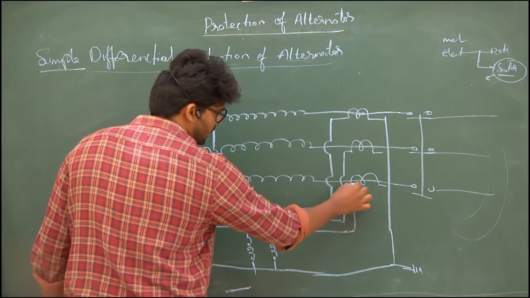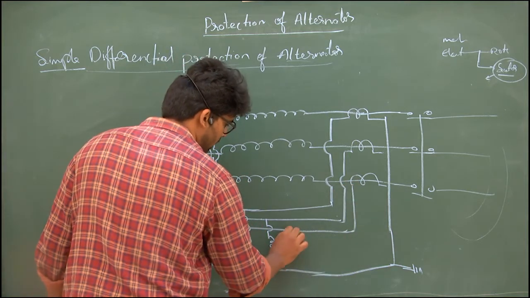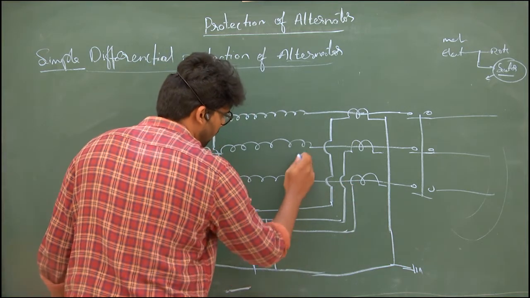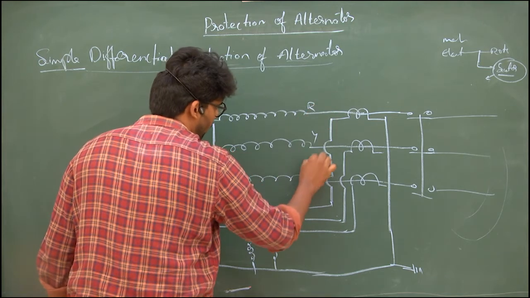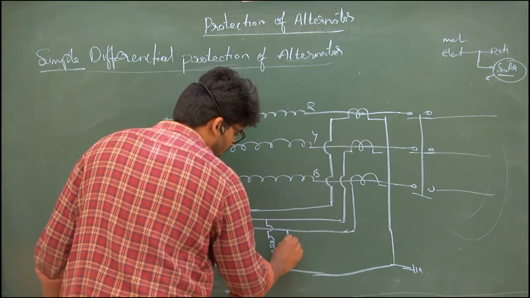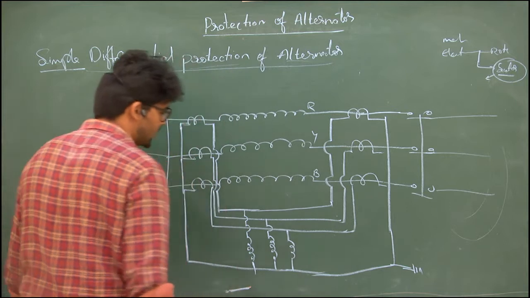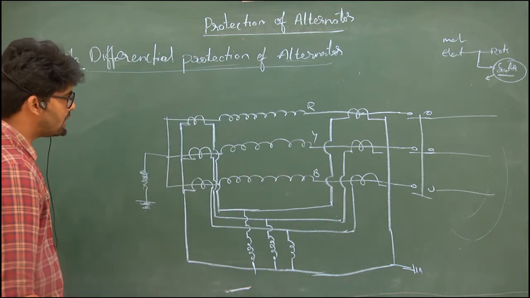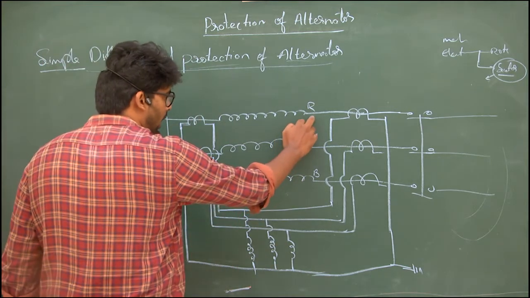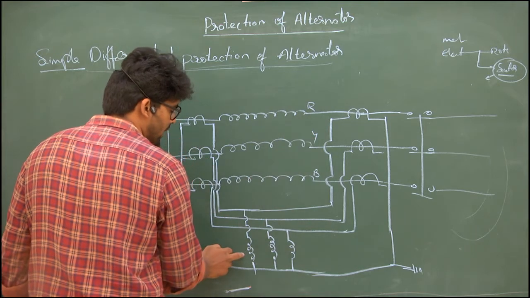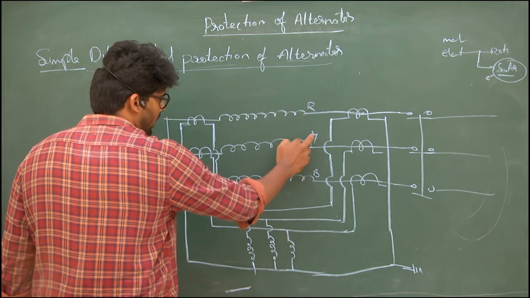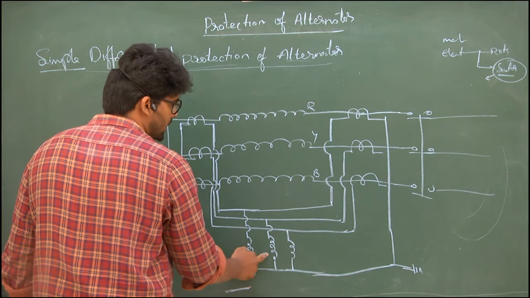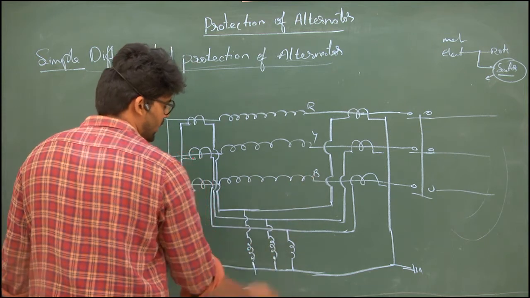And this line and this I am grounding, meaning I am grounding R, Y, B. So if any fault occurs in the R phase, this relay coil will be excited. If any fault occurs in the Y phase, this relay coil will be excited, and likewise the B phase relay coil.